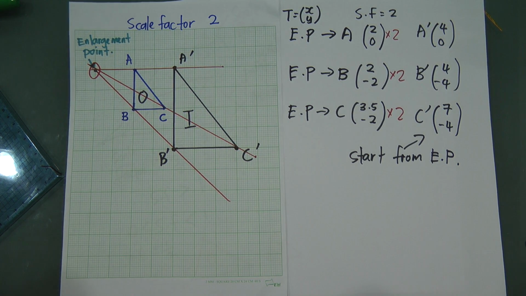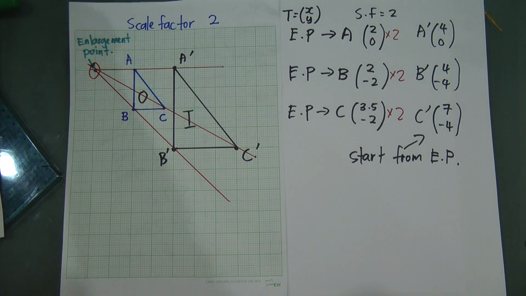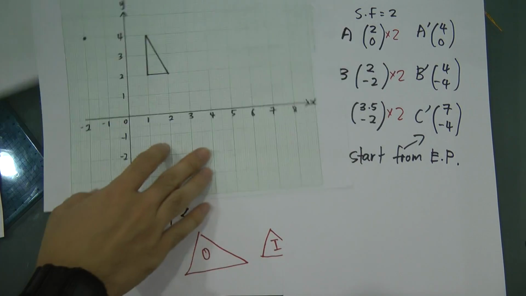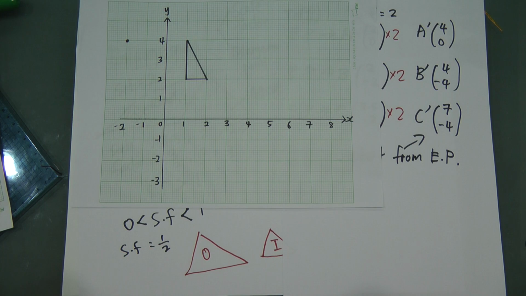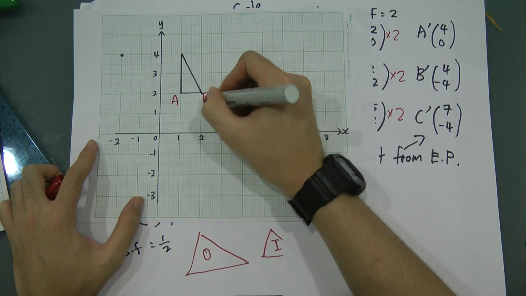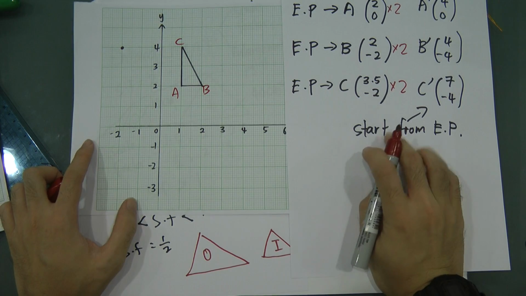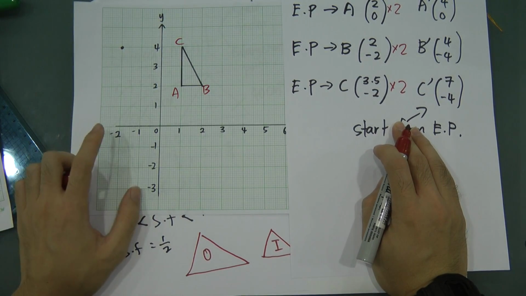Okay, this is the first example. So for example, I give something like this. Let's say we got something like this. Let me give it some names, same, I call it A, B, and C. In enlargement, I think the coordinates are not so important.